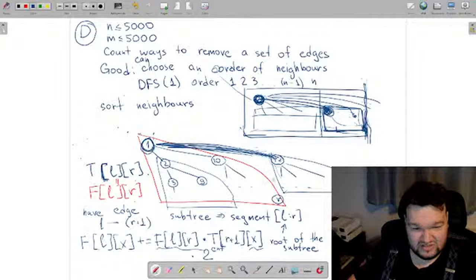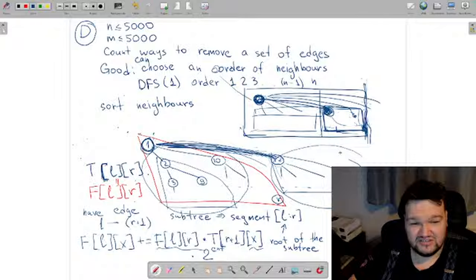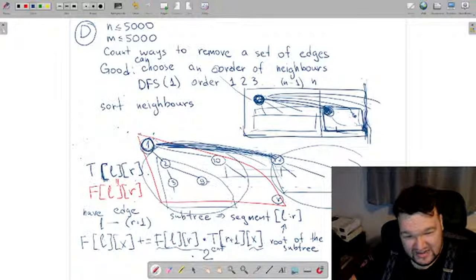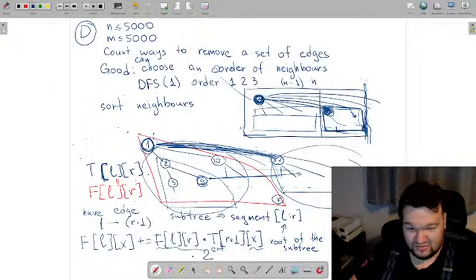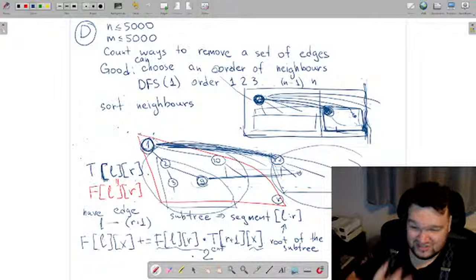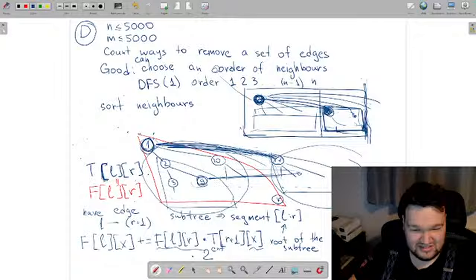When we do the transition, we need to choose what we did here, what we did here, and now what we do for the edges between those parts. But all the edges not from the root to the right part we must delete, because if we have an edge like this, it means that when we were doing DFS here, we must have traversed that edge, but we didn't, so there wasn't such an edge, so we must delete it.